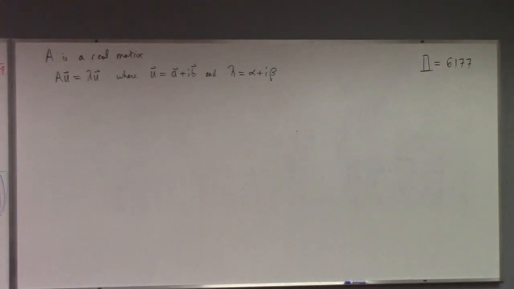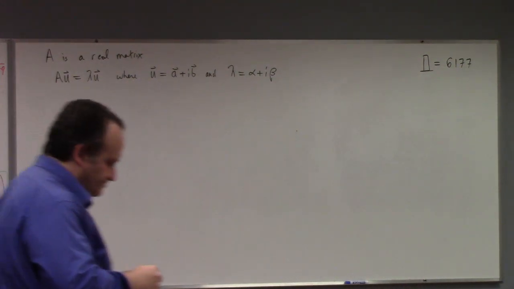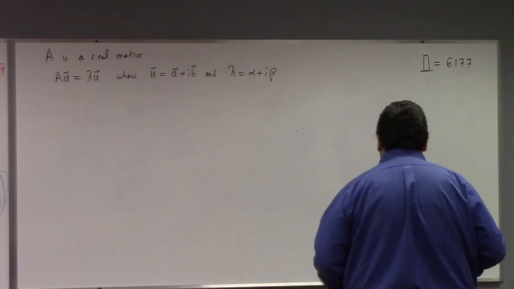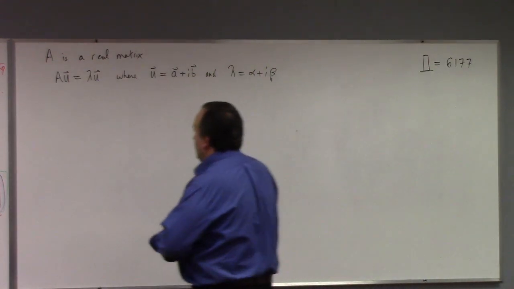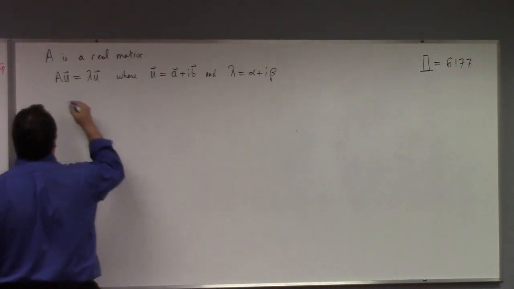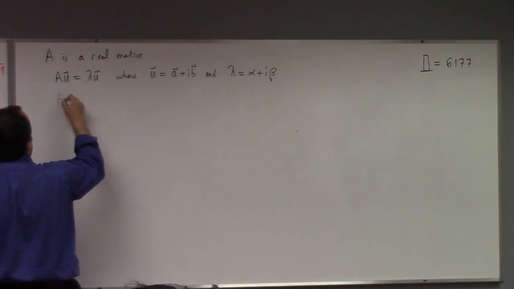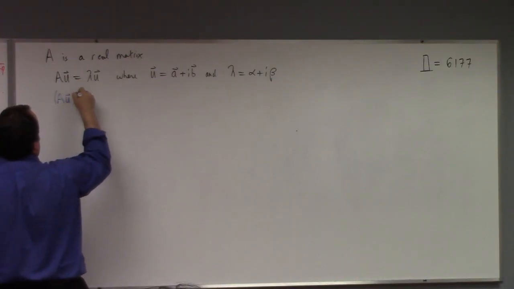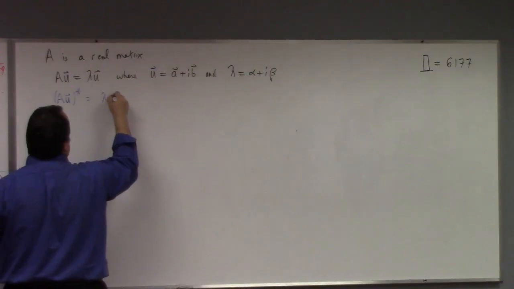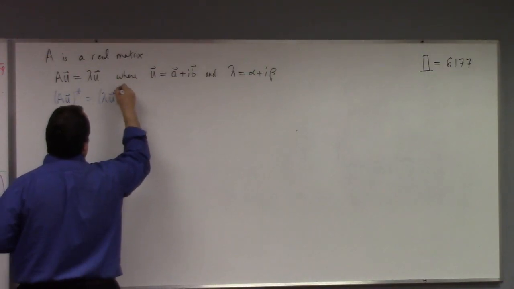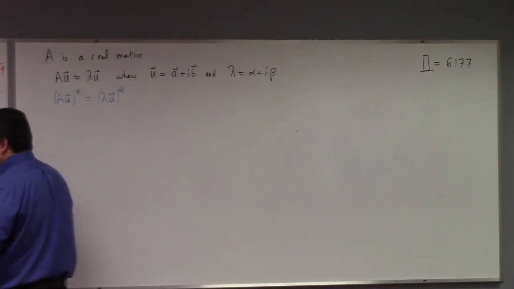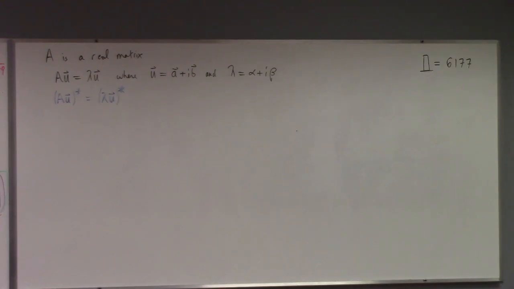So let me just do that here. The complex conjugate of this equation, right? I'm using star for complex conjugate today. Sometimes I use a bar.